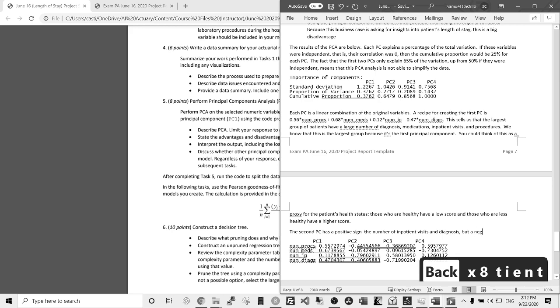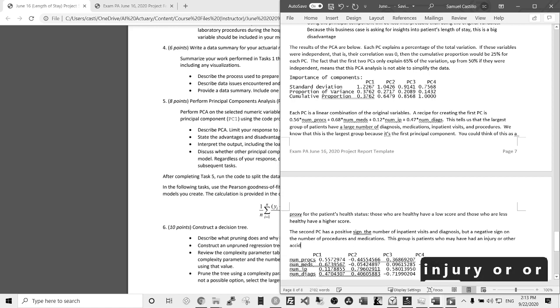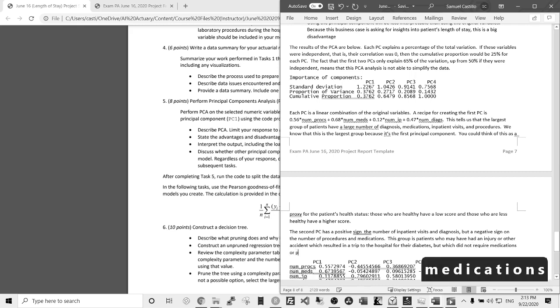This group is patients who may have had an injury or other accident which resulted in a trip to the hospital for their diabetes, but which did not require medications or procedures.